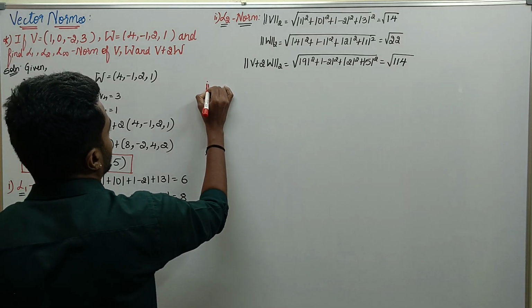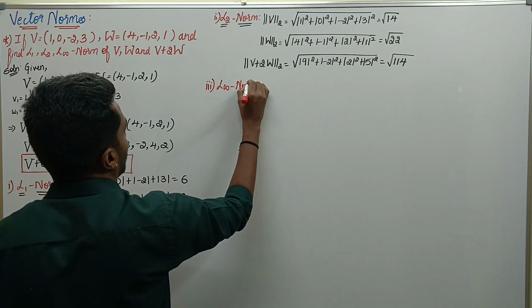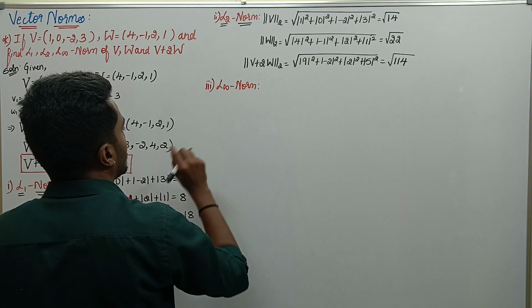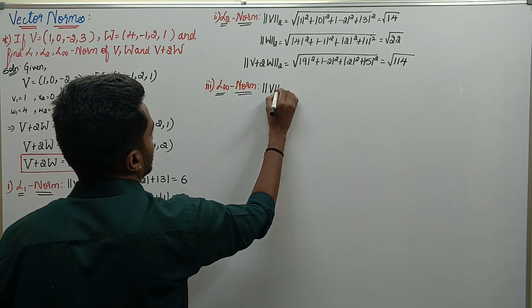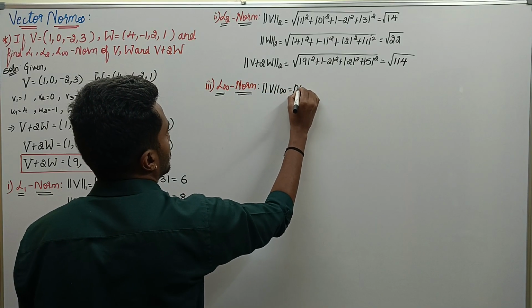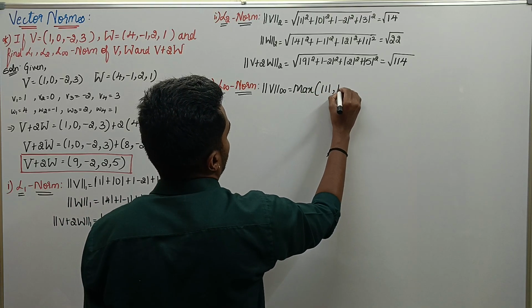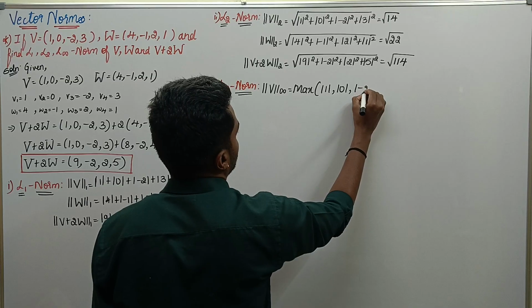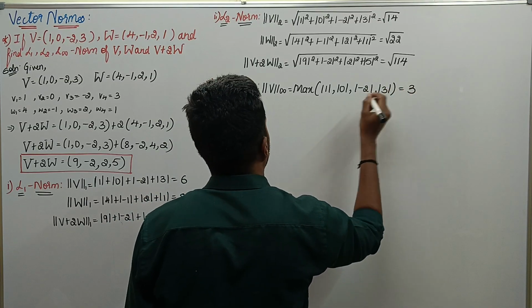Then comes the last condition, the L infinity norm. You can represent it as norm V infinity, which is equal to maximum of modulus 1, 0, modulus minus 2, modulus 3. The maximum is 3.